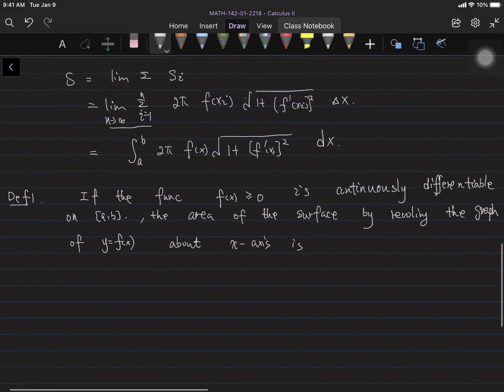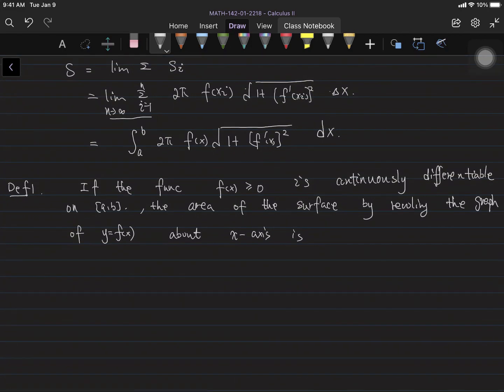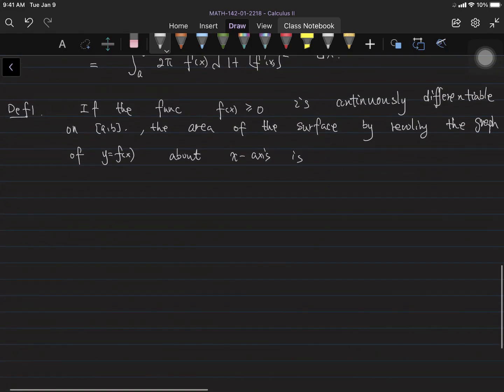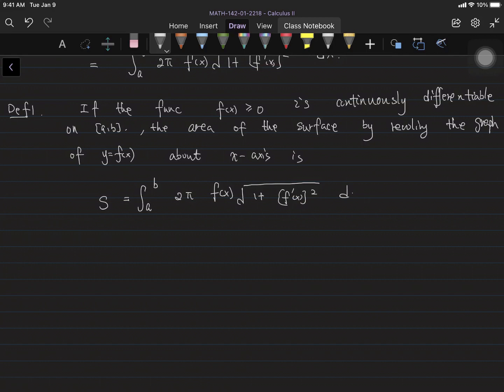Later we're also going to find the area rotated about the y-axis. So we write down S as surface area, and then the definite integral from a to b, and here we have 2 pi, and r is the y value, which is the function, and then the arc length, which we learned in 8.1, square root of 1 plus f prime x squared dx.